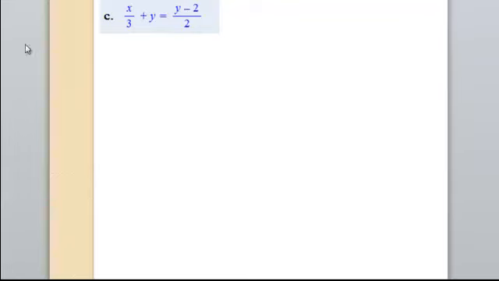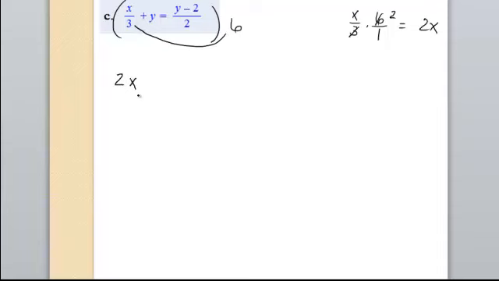We should probably get rid of these fractions first. So we need to multiply everything by the common denominator, which is 6. If you have x over 3 times 6 over 1, 3 will go into 6 2 times, leaving you with a 2x. When you multiply these two, you get 6y.